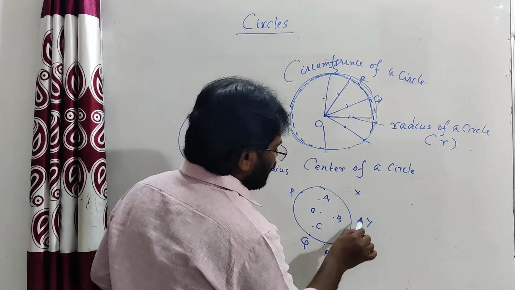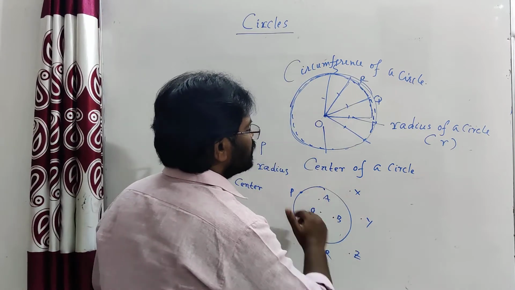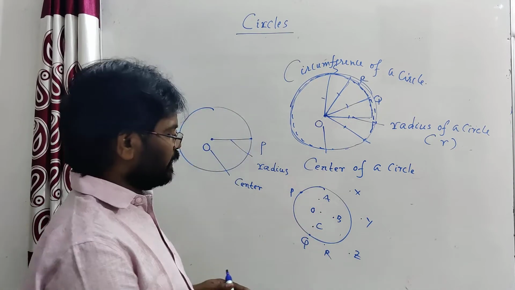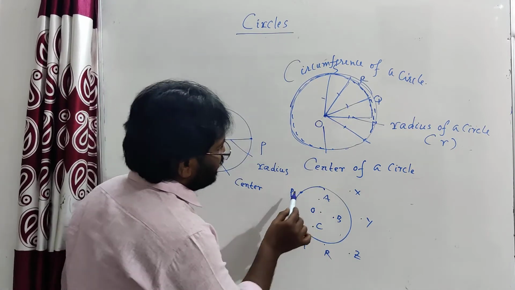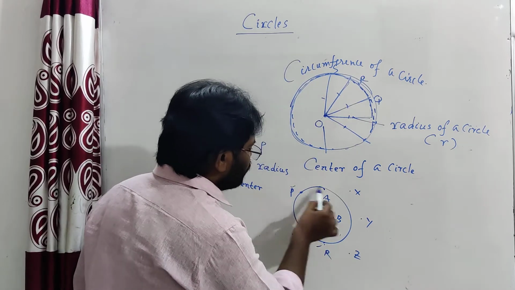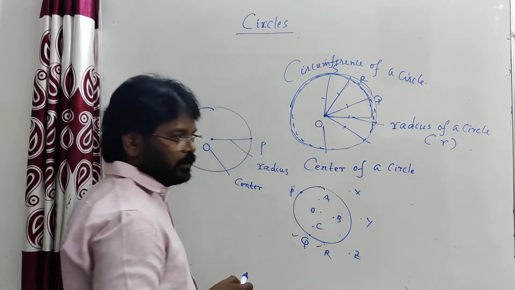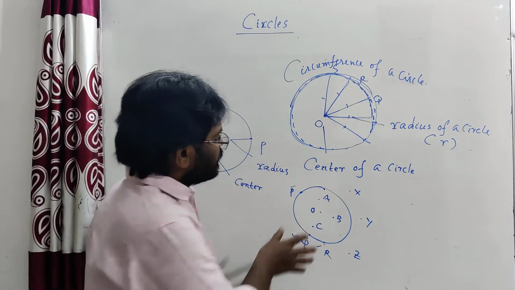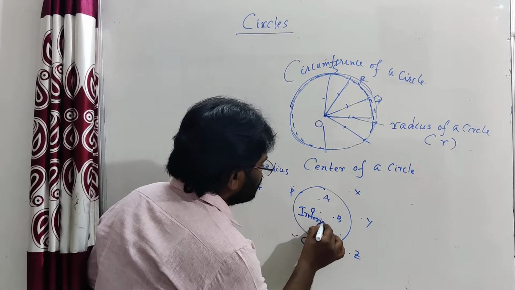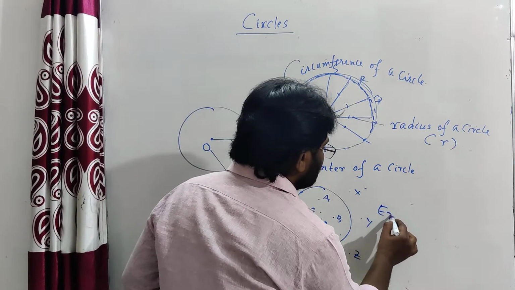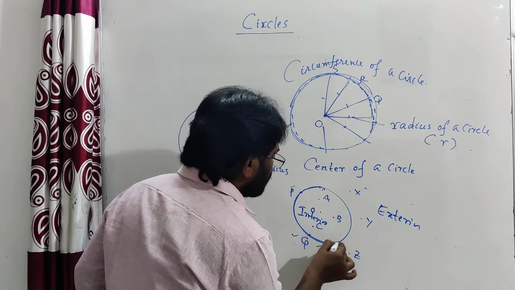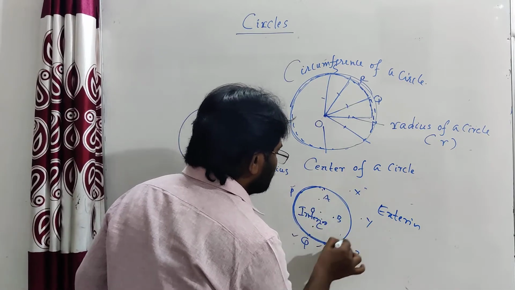And X, Y, Z are the points which are outside of the circle, exterior points of the circle. And moreover, the points P, Q, R are on the circumference of the circle. So this part is known as interior, this part is exterior, and this part is the points which are on the figure.